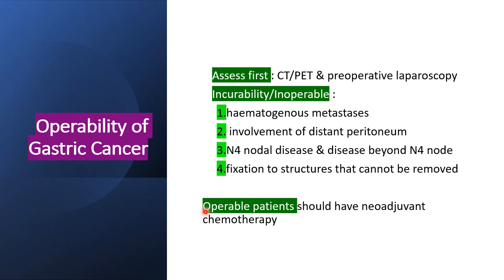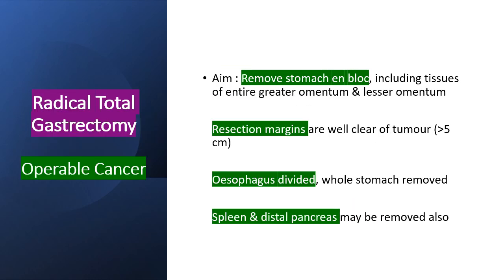If the patients are operable, then they should also have neoadjuvant chemotherapy. Then radical total gastrectomy in cancers that are operable. The aim is to remove the stomach en bloc, including tissues of the greater omentum and lesser omentum.